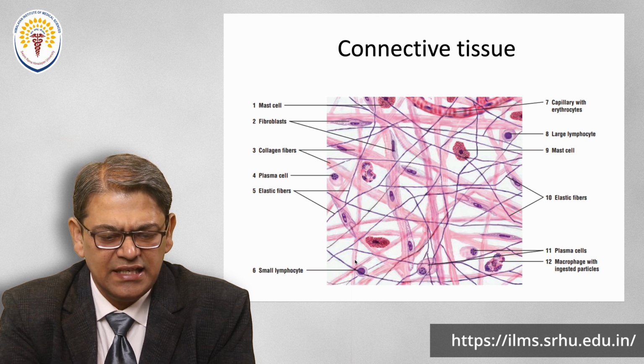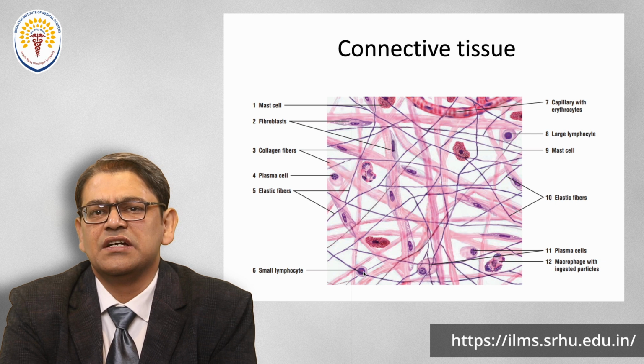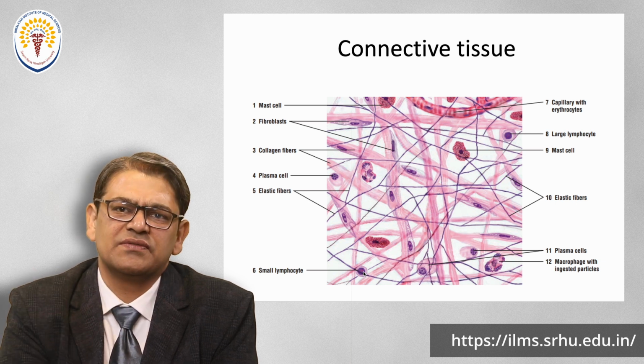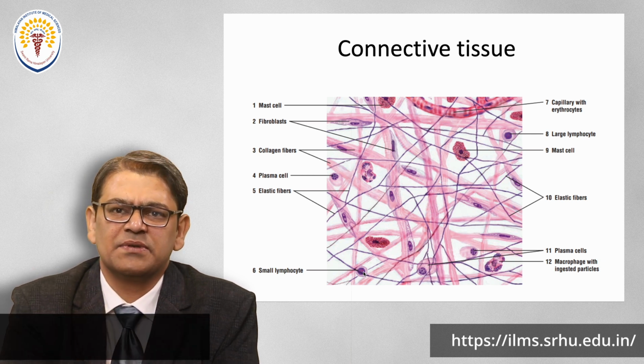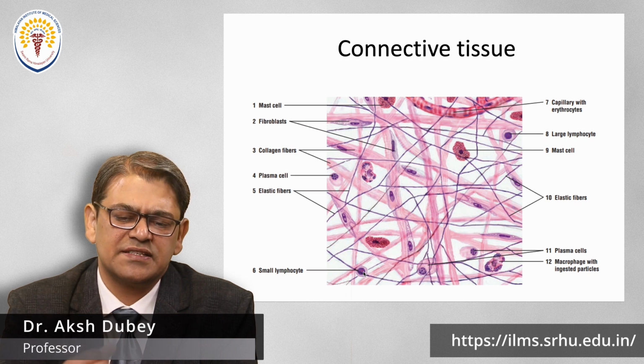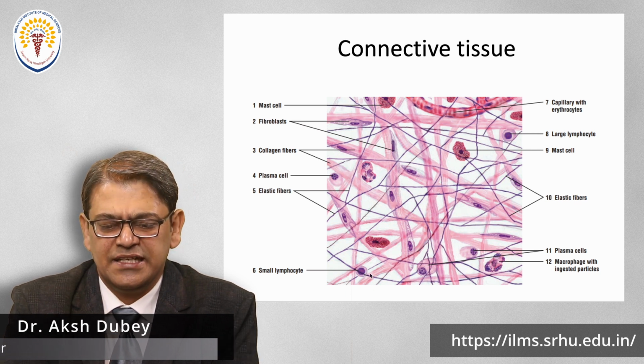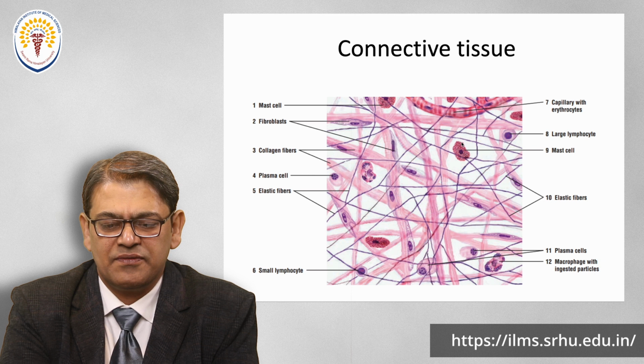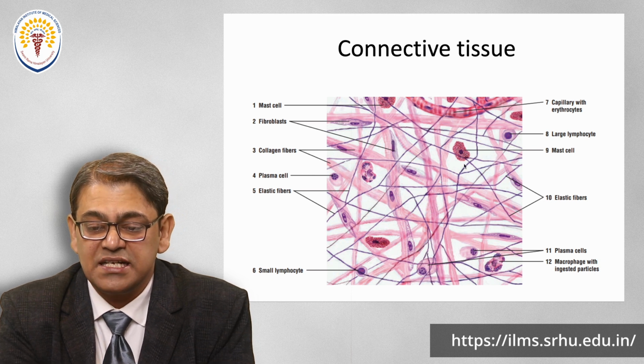Then we see certain blood cells present here, such as lymphocytes. Connective tissue is filled with many sorts of white blood cells for security and defense purposes, so they are also present here. Then we see a special type of dotted cell named the mast cell.